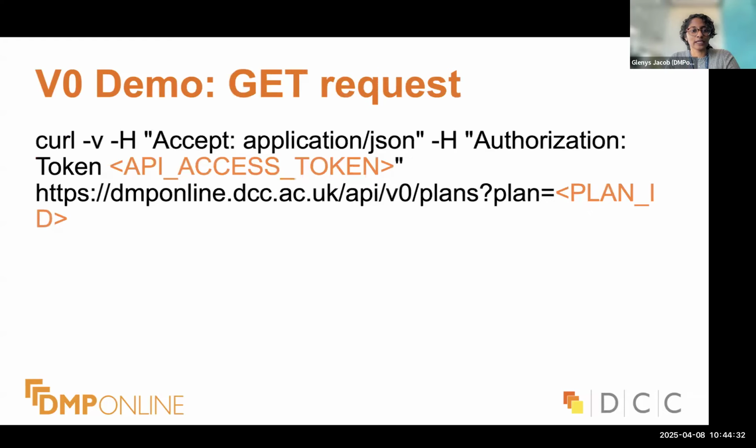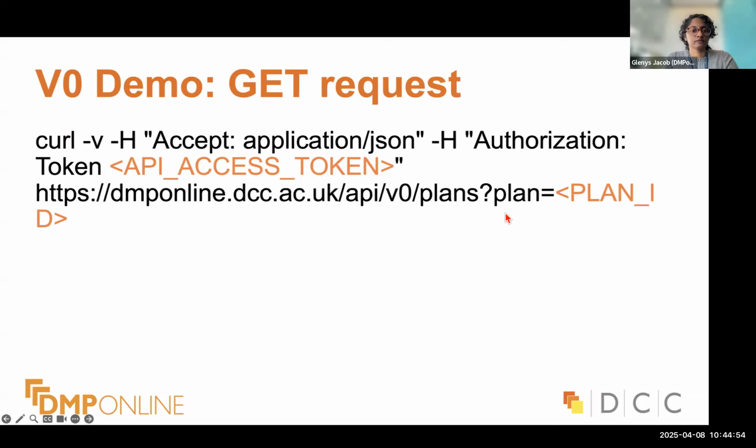We are going to use curl commands to access this API, and we're going to retrieve a specific plan using API version 0. You will need to enter your API access token in the place highlighted in the second line, and then the plan ID towards the end of the command.